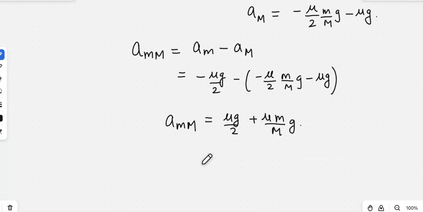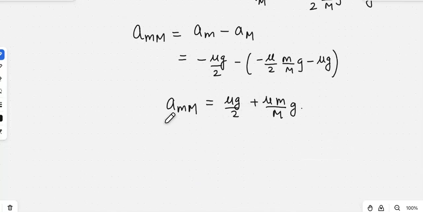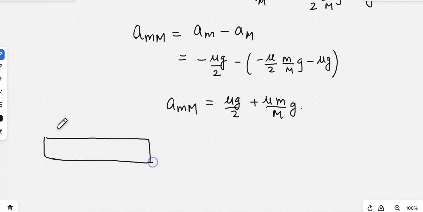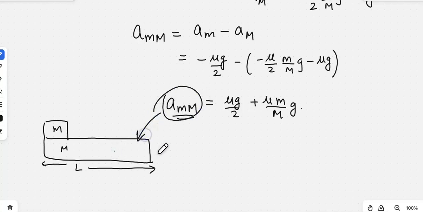This is the acceleration of the smaller block with respect to the bigger one. Now the smaller block will cover the distance capital L with this acceleration. So this acceleration is with respect to the bigger block, right? With respect to the bigger block, this small m is experiencing this much acceleration.